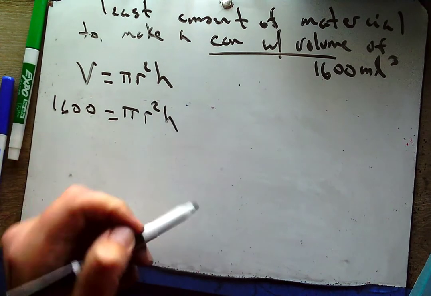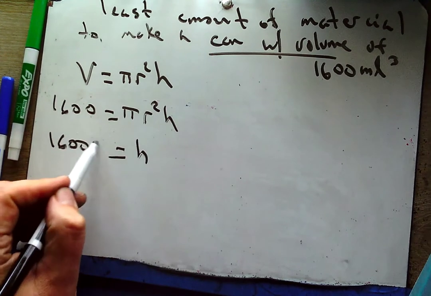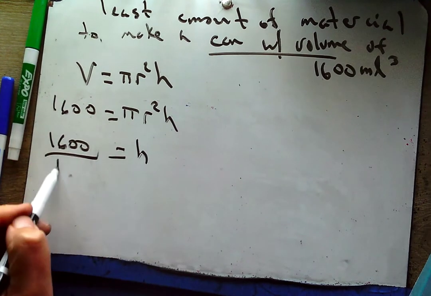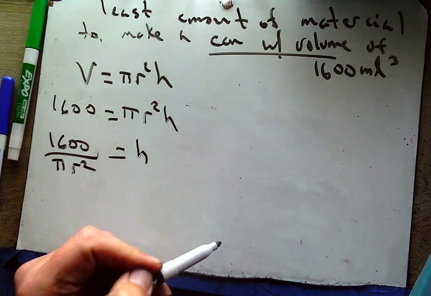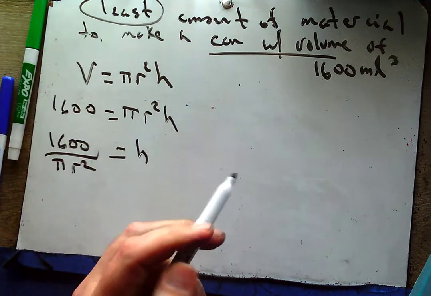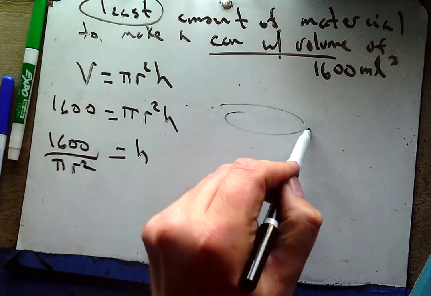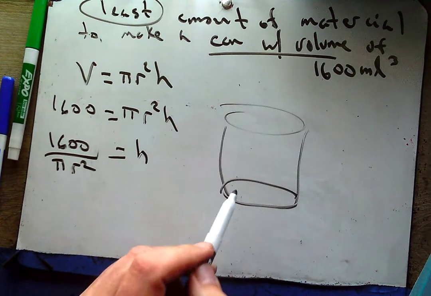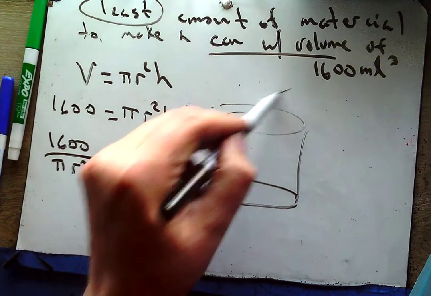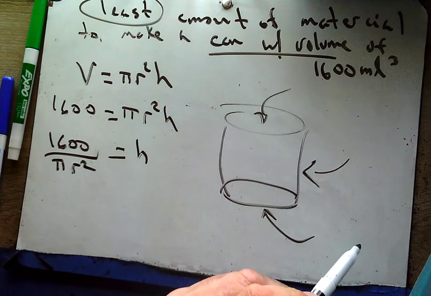That's my helping equation. H is 1,600 over pi r squared. What is it that I'm trying to maximize or minimize? Least. Minimize. I'm trying to minimize the least amount of material. When I think about this can, it has a circle, and it has this lateral area.